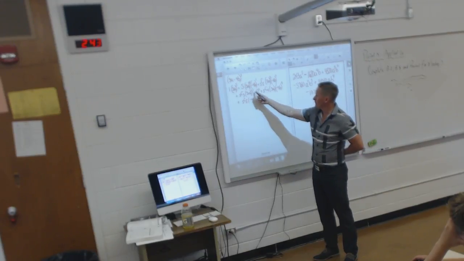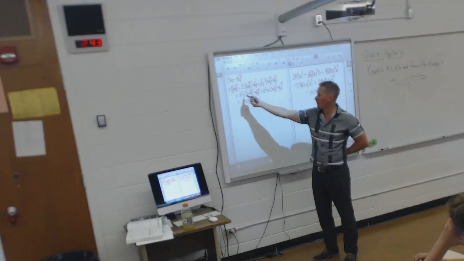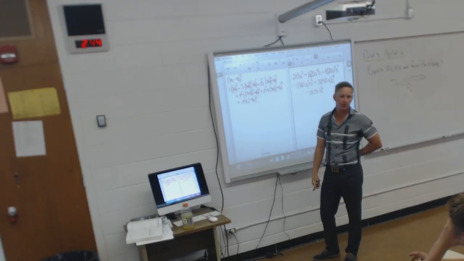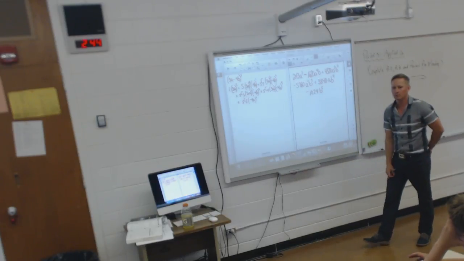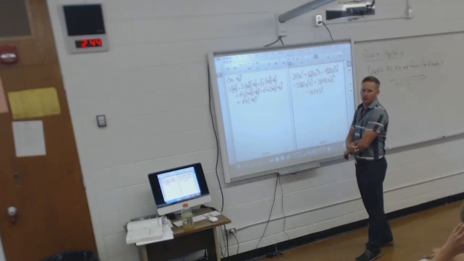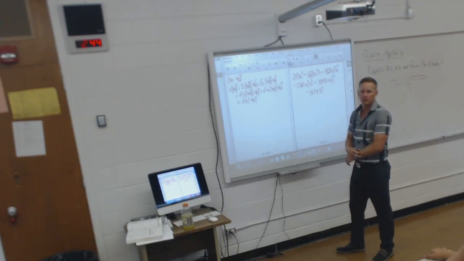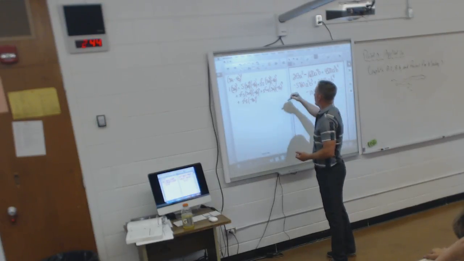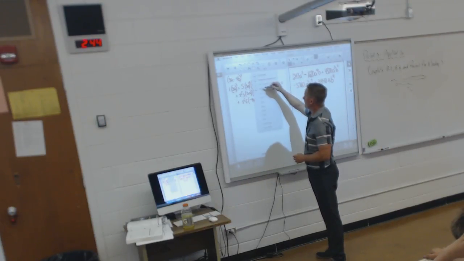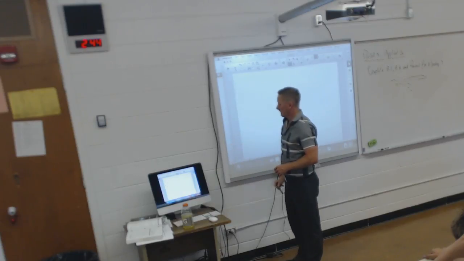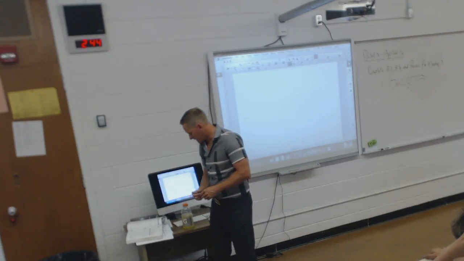So you do all of these coefficients first with their correct exponents, and then multiply them by whatever the combination is in front. Good? Okay. We're going to do a couple more, so hopefully you'll feel better about it after that. All right, next one.